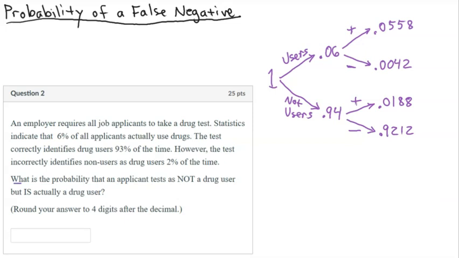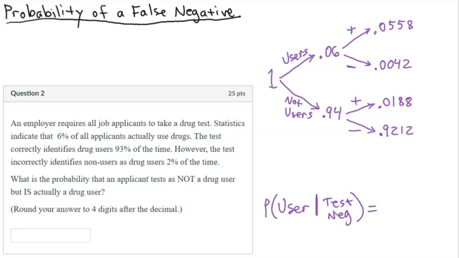We're being asked, what is the probability that an applicant tests as not a drug user? That means they're testing negative. So that's here and here. That's this group and this group. But actually is a drug user. So what we're being asked for here is the probability that somebody is a user given that they test negative.